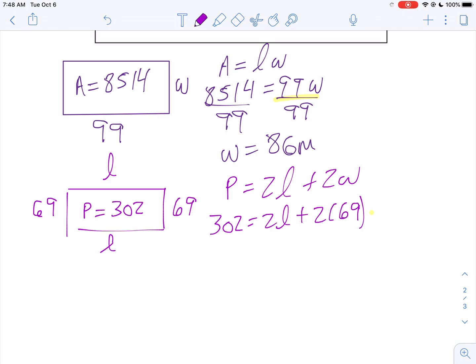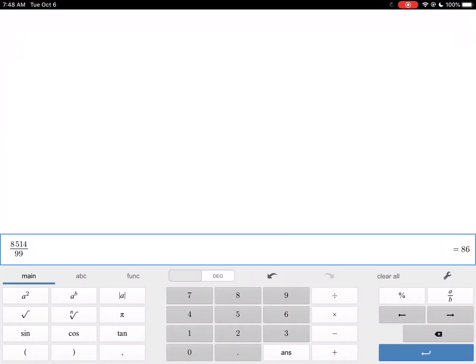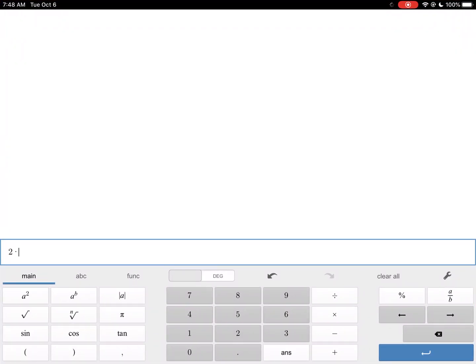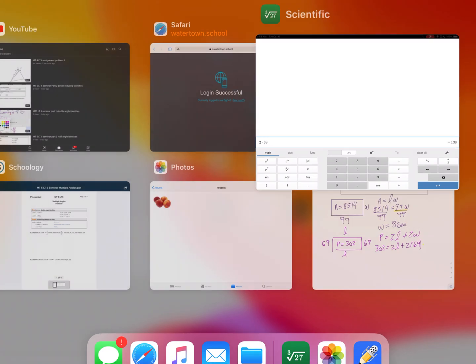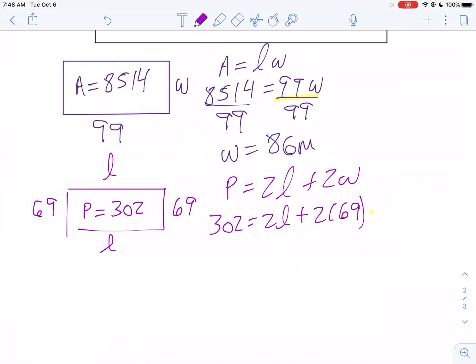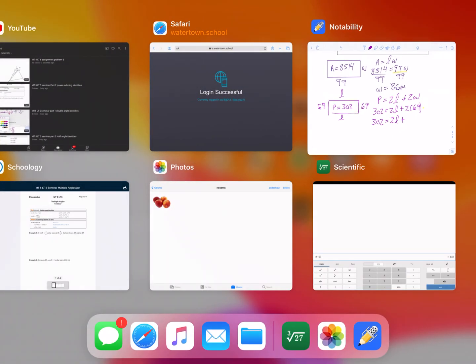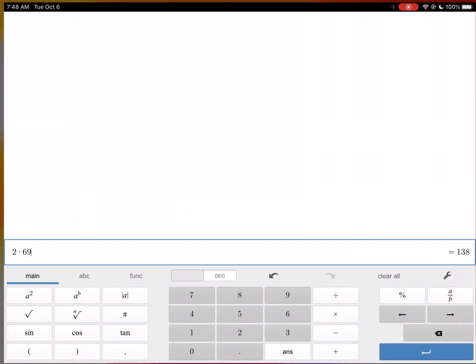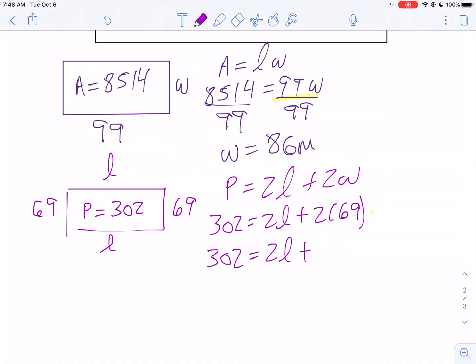Well, what's 2 times 69? Should be able to do that in my head, but we'll use a calculator. 138. So we have 302 equals 2L plus 138. Now we'll do the algebra.